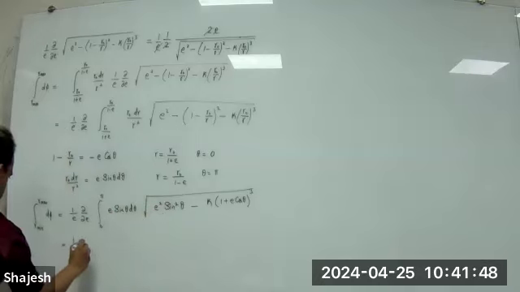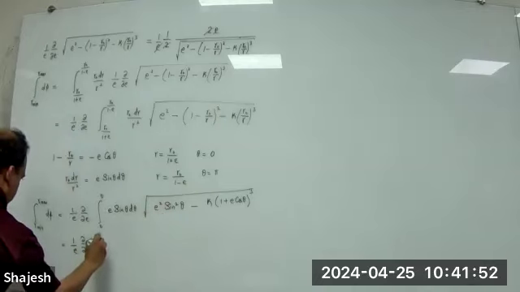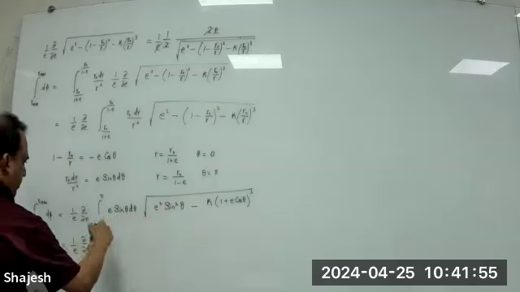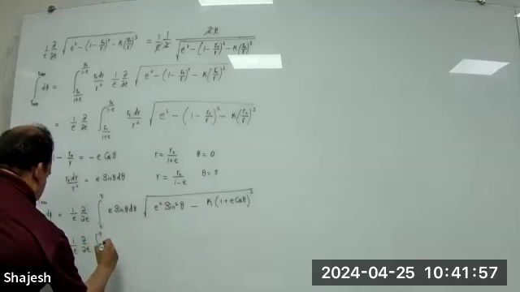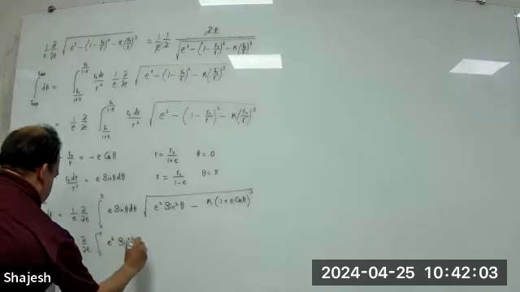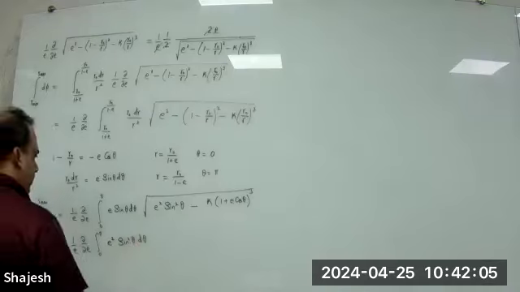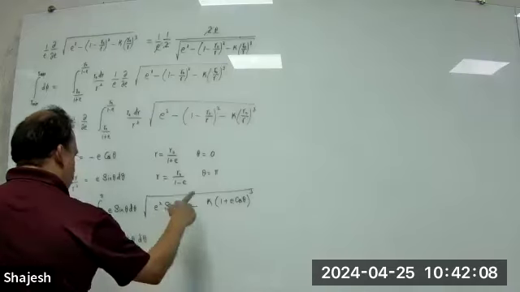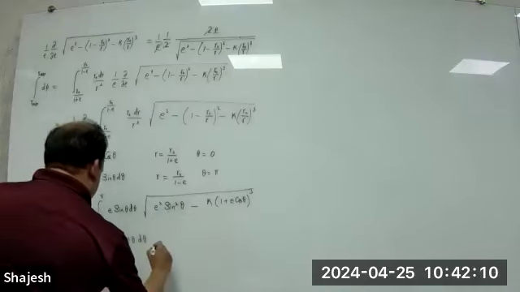1 over e, integral 0 to pi, e sine theta comes out, so that is e squared sine squared theta, and I'm expanding. Let me write this in 2 steps.